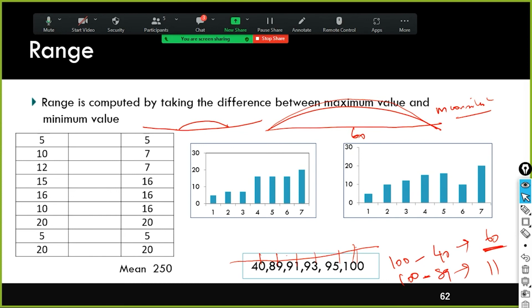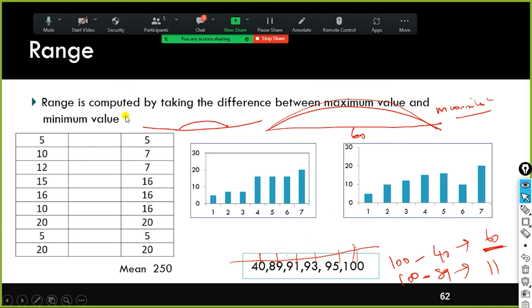It is not the right way of measuring how the data is distributed within the range. The drawback of using range is it takes the outliers into account also. All the values are somewhat closer except 40. Just because of a single outlier, it tells me the width of the data is 60. Actually, it is not 60, it is only around 11.